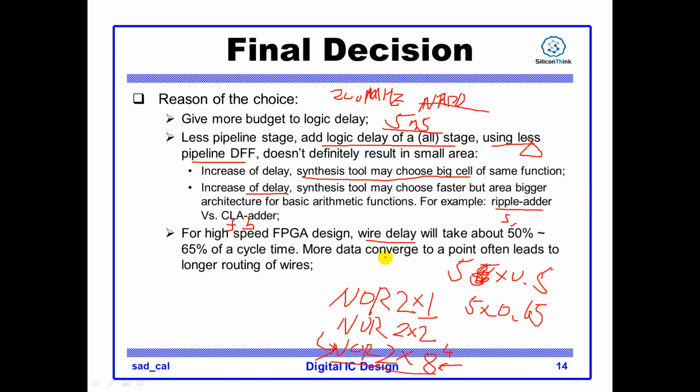More data converging to a point often leads to longer routing of wires and causes large wire delay. So when 16 data are converged to a point, or 8 data, or 4 data, this should have shorter wire delay. That's why I chose the accumulation of 4 data in the reference design.